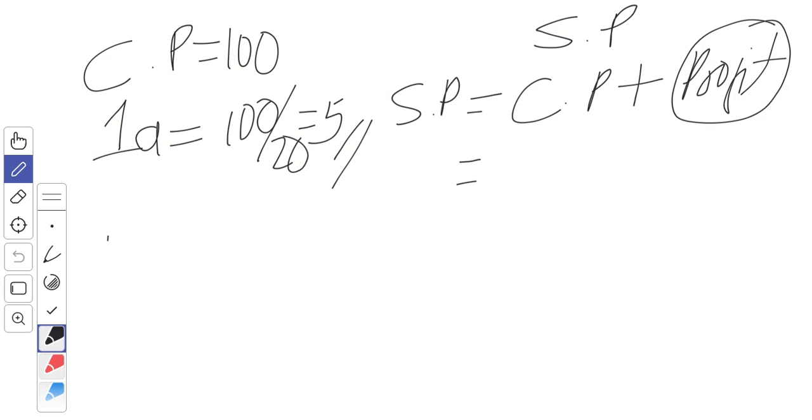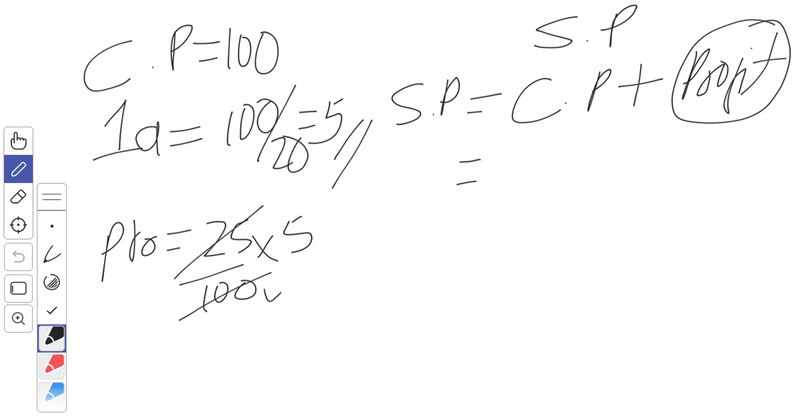Profit is equal to 25% of 5. The cost price is 5, so 25% of 5 will be 5 by 4. So 5 by 4 is the profit.